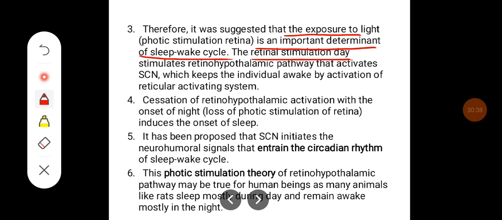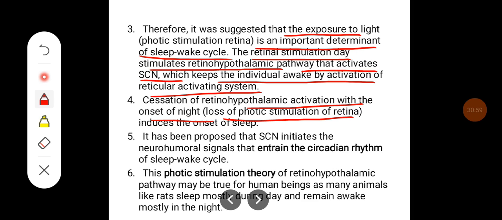The retinal stimulation during the day stimulates the retinohypothalamic pathway that activates the SCN, which keeps the individual awake by activation of the reticular activating system. Cessation of retinohypothalamic activation with the onset of night, that is loss of photic stimulation, induces the onset of sleep.